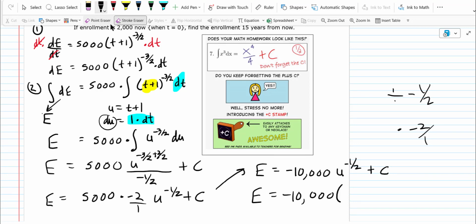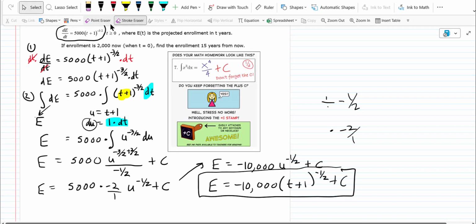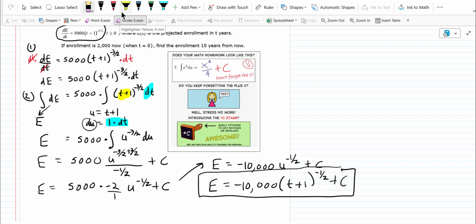Now u in this problem was t plus 1. I always highlight what my u is in yellow. It's just the way I teach that. So this would be the end of the second step. What you've got is called a general solution to the differential equation. We're not done with the problem because it has a couple more things involved, but that's the antiderivative part right there.